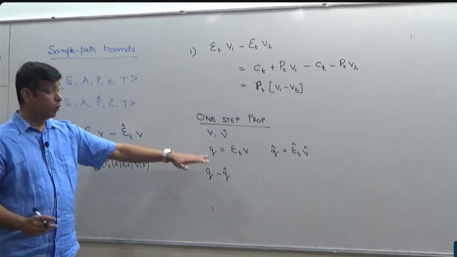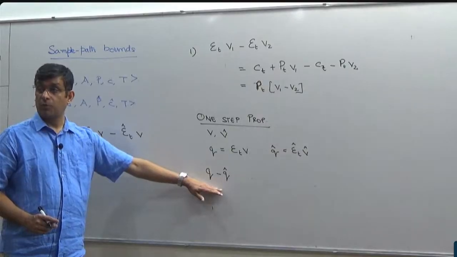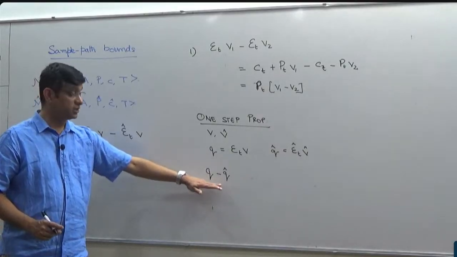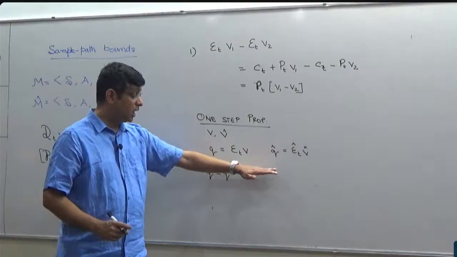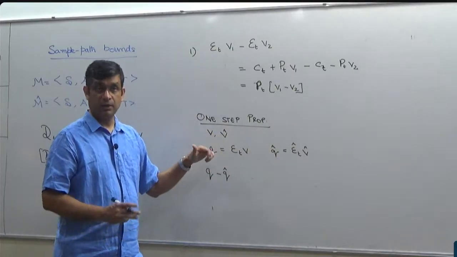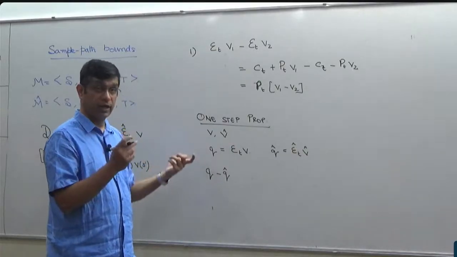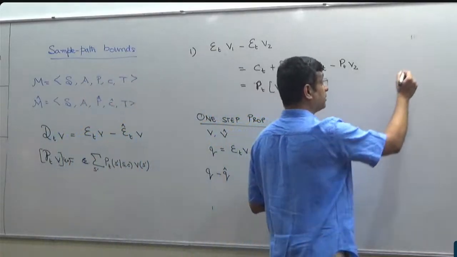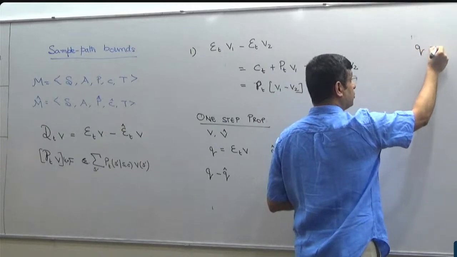In the old setting, I was trying to get a norm on this, and we had shown that the norm on this was a mismatch operator plus the error between v and v hat. Let's look at it without taking norms, but using the same idea. So, I will look at q minus q hat.